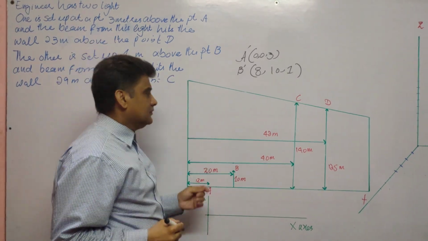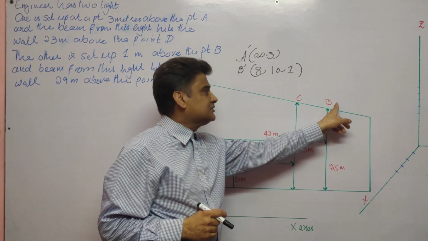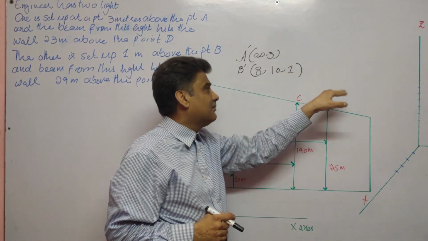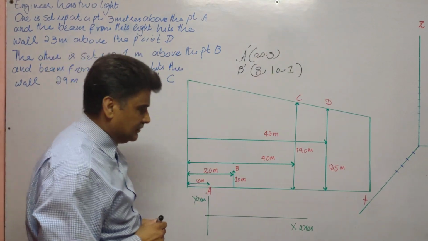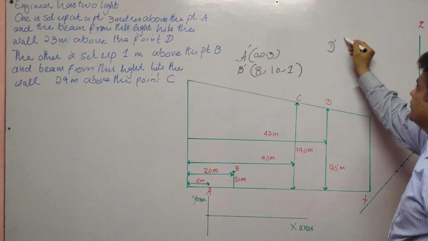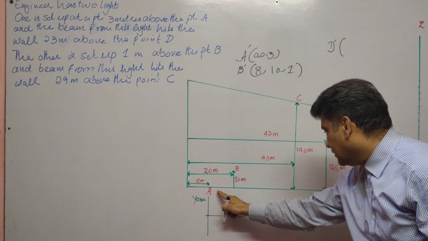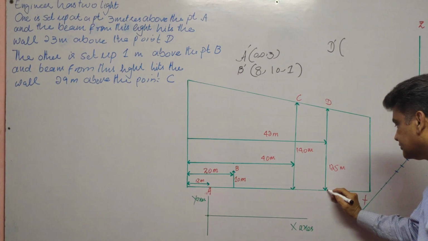Where does the beam of light hit the wall? 23 meters above this point. We go from here 1, 2, 3, up to 23 meters above this plane. Okay? Hence the coordinates of D prime. You first count from A to this point.